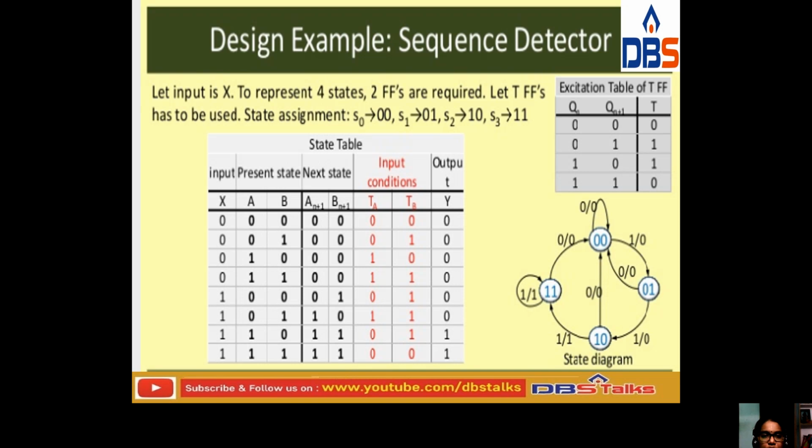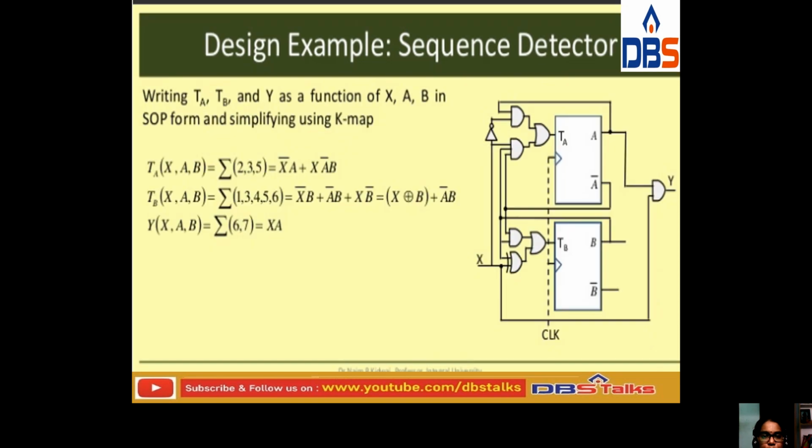So we are going to the next slide. This is the design example of the AND sequence detector. Here, we write TA, TB and y as functions of x, a, b in the sum of products form, and we simplify using the K-map, which we already know about.